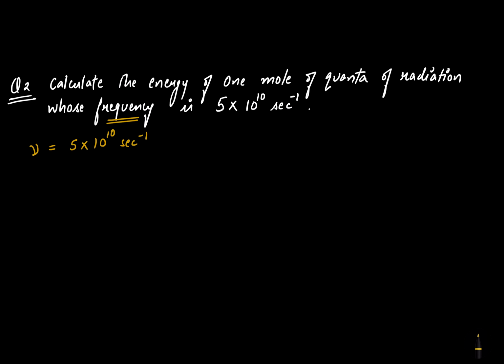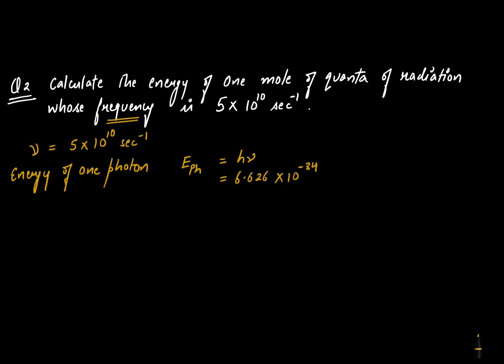Now let us calculate the energy of one photon. I'm writing the energy of one photon, E_ph, is h nu. The value of h is Planck's constant, 6.626 into 10 to the power minus 34.